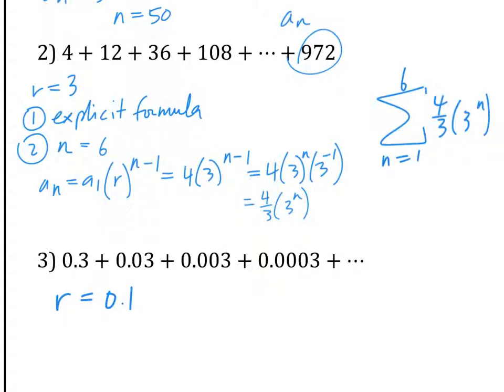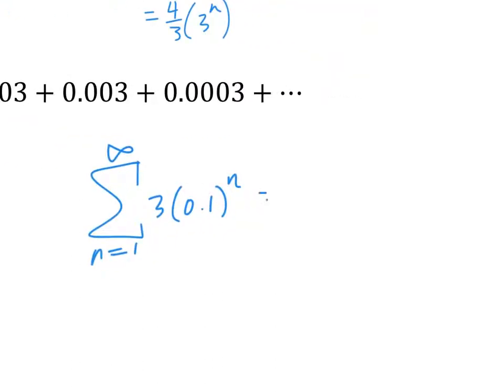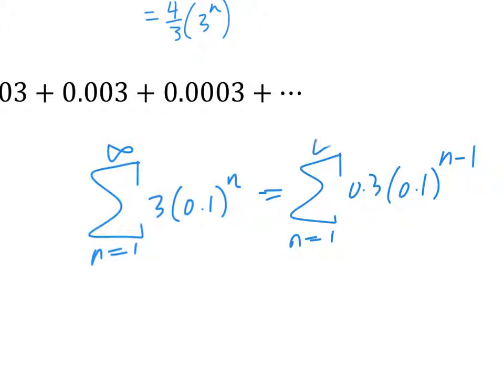Okay, so the answer is, depending on how much you simplified, I simplified it. So it's 3 times 0.1 to the n from n equals 1 to infinity. Or if you didn't simplify it, it's the sum of 0.3 times 0.1 to the n minus 1 from n equals 1 to infinity. Okay, those two are both okay.